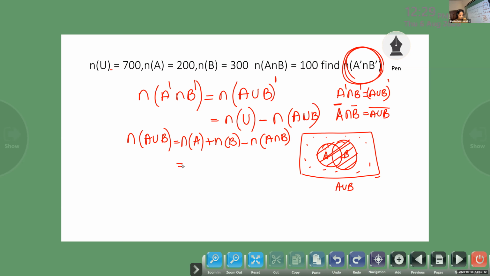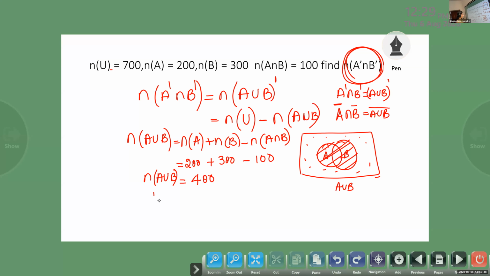Substitute the values. n of A is given as 200, plus n of B, 300, minus 100. So what is it? Anila, what is the answer? It is 400. 500 minus 100, which is 400. So n of A union B is 400.